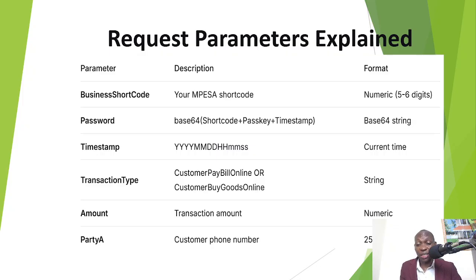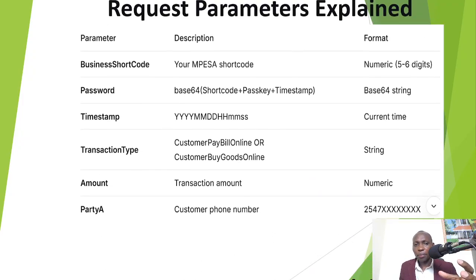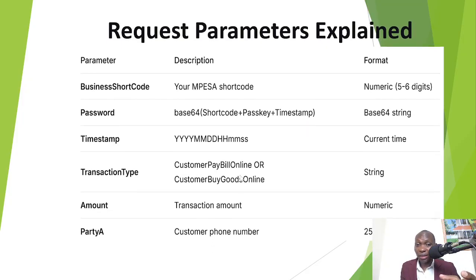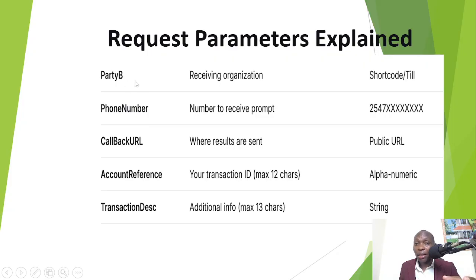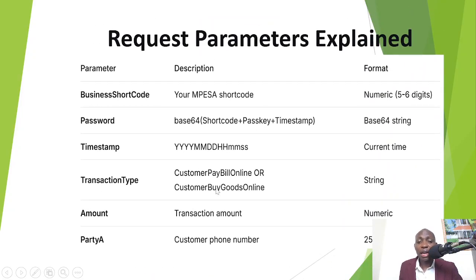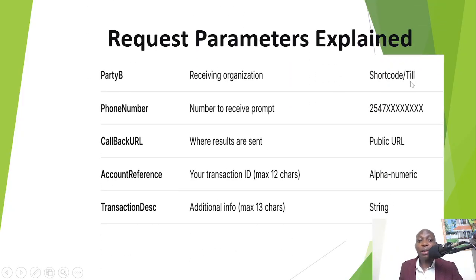We have party B, which is the receiving organization. Basically this can take a shortcode or till. If at the top you provided transaction type as customer pay bill online, in party B you will provide the pay bill. If you provided customer buy goods online, in party B you will provide the till.